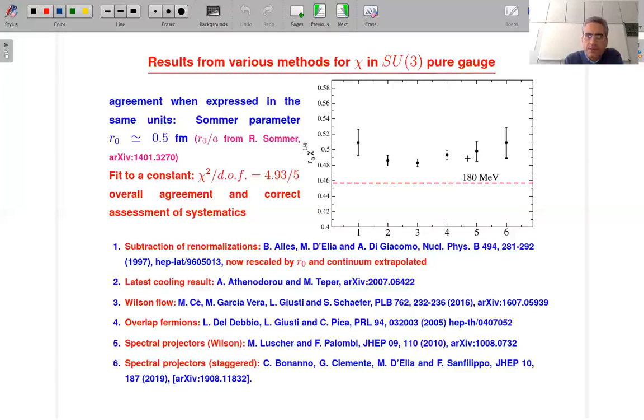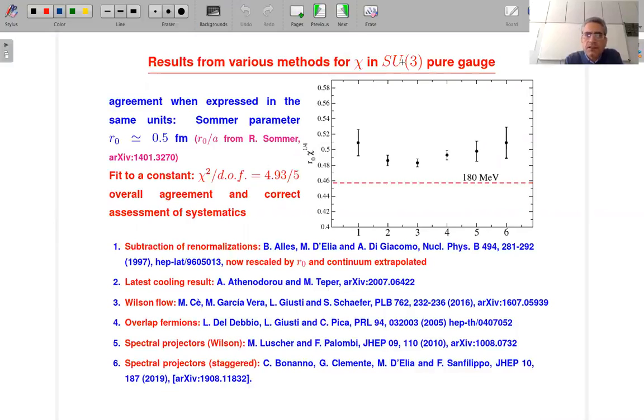The topological susceptibility for the pure gauge theory is more or less of the order of 180 MeV to the fourth. Actually it is a bit higher, but you should take into account that the Witten-Veneziano mechanism is a large N limit mechanism, so you don't expect to obtain the precise value for SU(3).